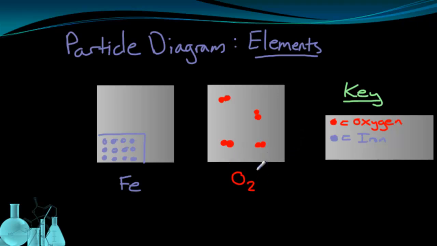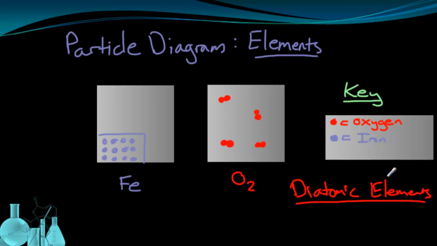As it turns out, oxygen is one of a few kinds of elements that naturally exist in pairs. So we call these diatomic elements. And it's going to be useful to know what these are. I already said oxygen is one of them. Hydrogen is another.